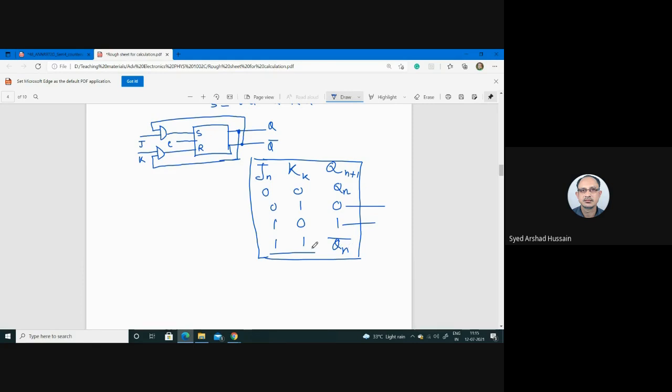Okay. So say somehow you have given J is equal to K is equal to 1. And in earlier cases, here it was 0, here it was 1. So due to these inputs, here 0 is supposed to become 1, and here 1 is supposed to become 0. But as soon as here it becomes 1, due to this feedback, it will come to the input also, and due to this path, 0 will go here.